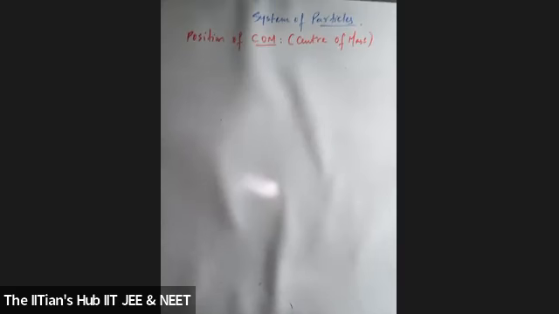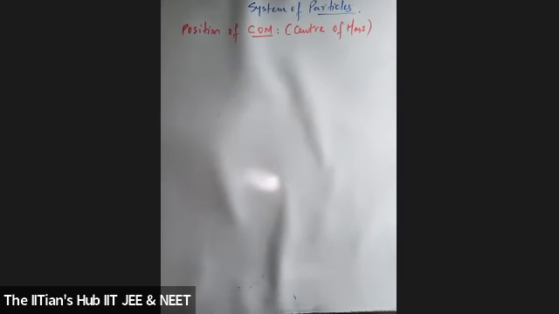Mu is given as 0.4, R is 30 meter, and g is 10 meter per second square. Absolutely correct. Students, V is equal to under root mu R g. The coefficient of friction is 0.4, the radius is 30, and g is 10. So 4 into 30, that's root of 120. Agreed?